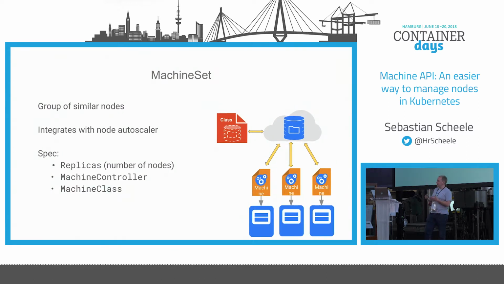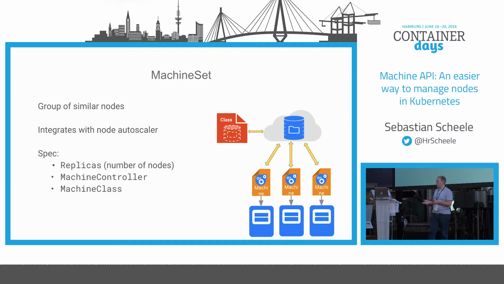And then it really starts to be similar to what we know from pods, replica sets and deployments for containers. The idea is really that machine is your pod in that case, and then on top, we want to build something like a machine set. So a group of similar nodes, which can later be integrated with an autoscaler. So you have a replication number, you have the information of a machine class.